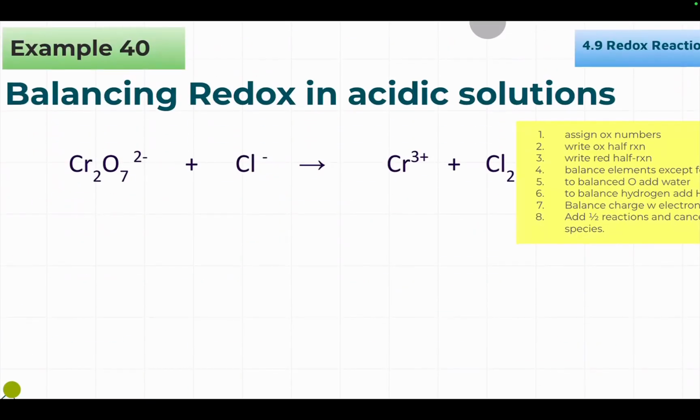So when we do balancing a redox in an acidic solution, the first thing you want to do is assign oxidation numbers. So if I work these out, the chromium is +6, oxygen -2, the chloride ion is -1, chromium ion is +3, and chlorine diatomic is 0.